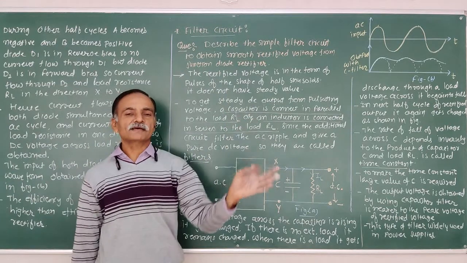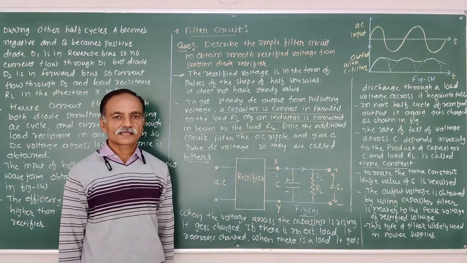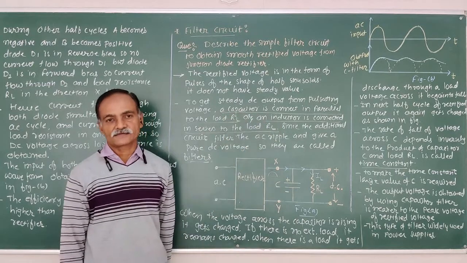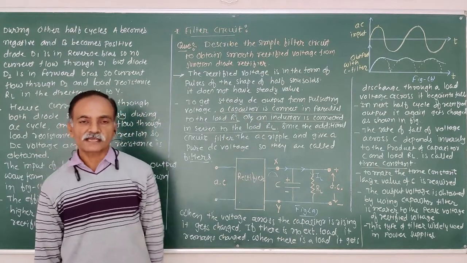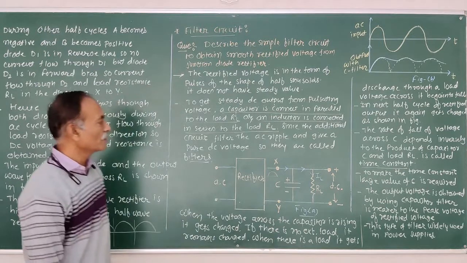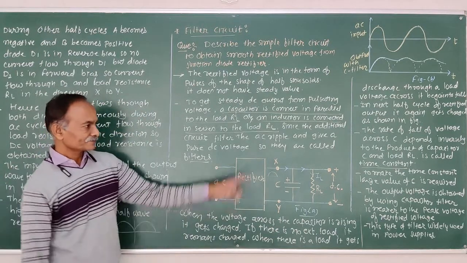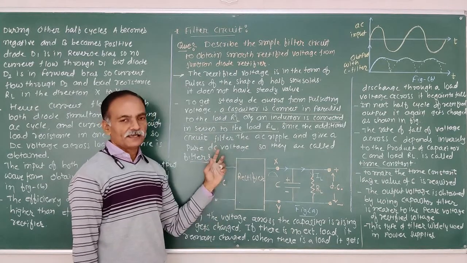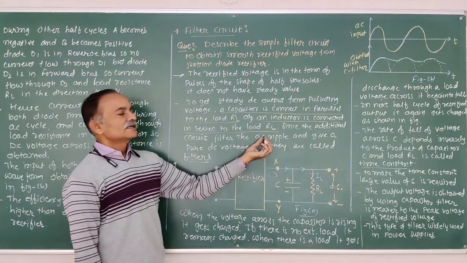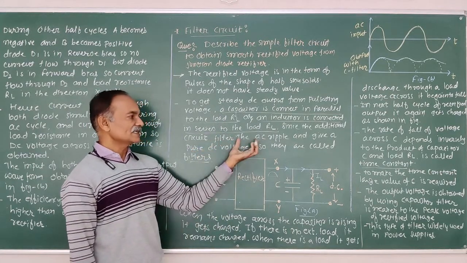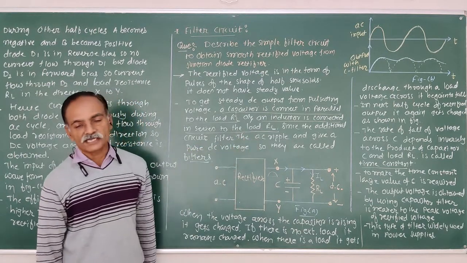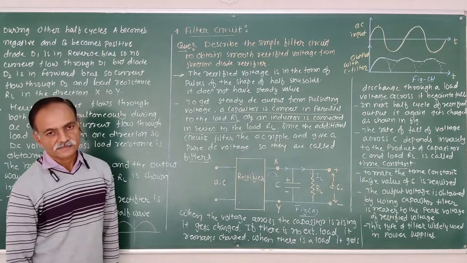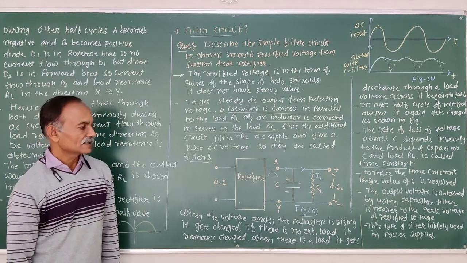The capacitor must be connected in parallel to the load resistance R, and the inductor in series with it. They filter the AC ripple and give a pure DC voltage, so they are called filters.